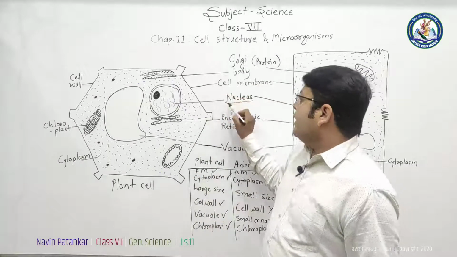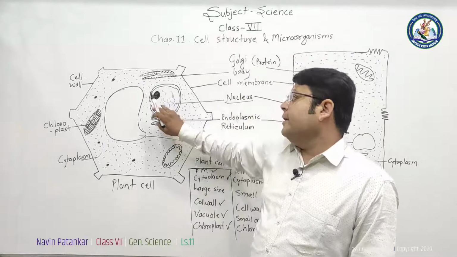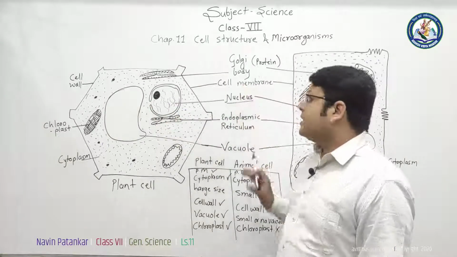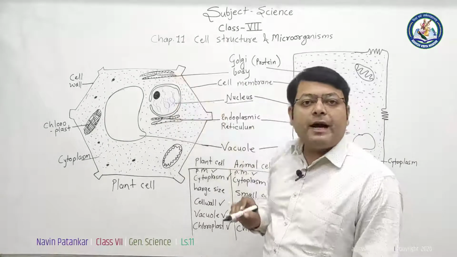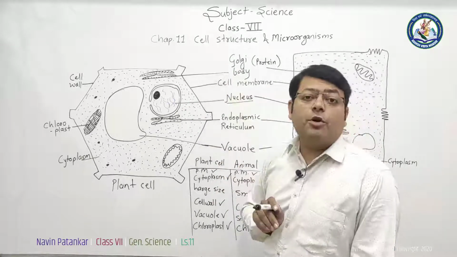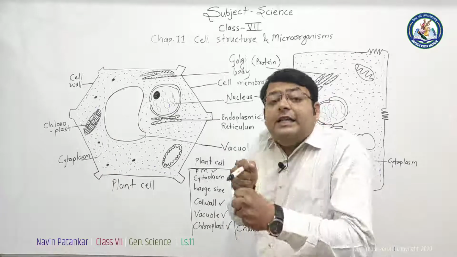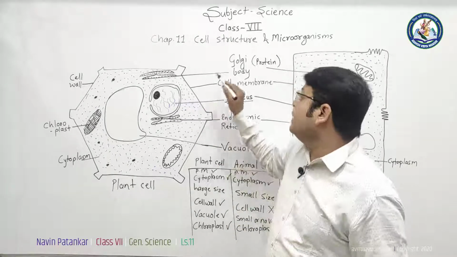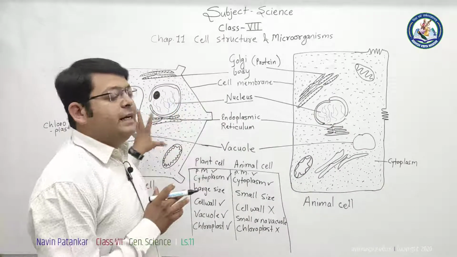Then the Golgi body is also present in both cells. What is the function of the Golgi body? It provides proteins and transports them into the cell. So this is the structure of the plant cell.